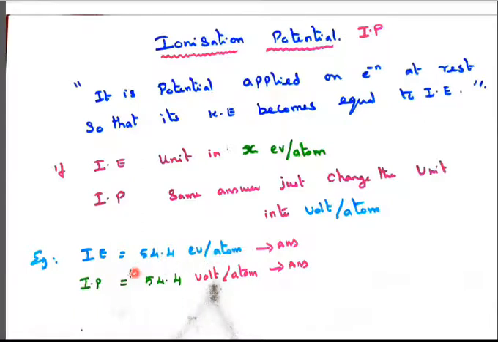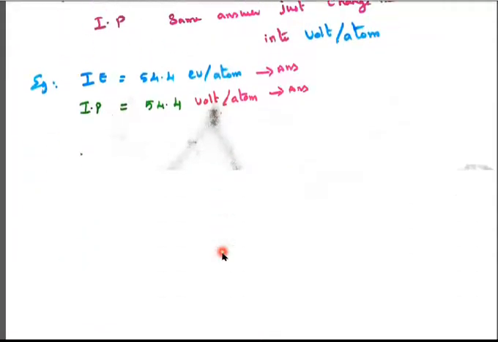If the question asks for ionization potential instead, just change the unit from electron volt into volt. So 54.4 volt per atom is the answer for ionization potential, and 54.4 electron volt per atom is the ionization energy answer.